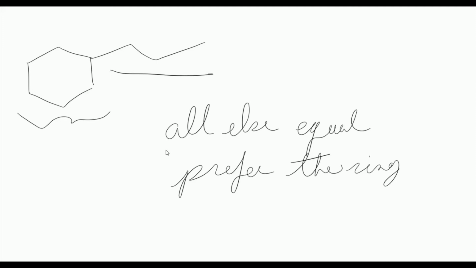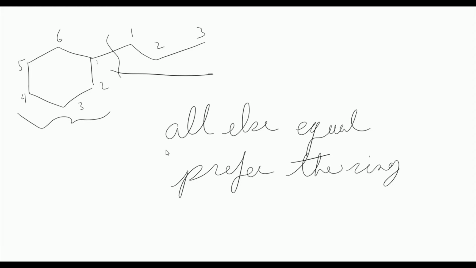Okay? So in this case, all we have is, here's your dividing line, 1, 2, 3 carbons on your chain, and you have 1, 2, 3, 4, 5, 6 carbons on your ring. There's no suffix groups, there's no side groups, there's nothing interesting about either one particularly, so our priority goes to the ring.